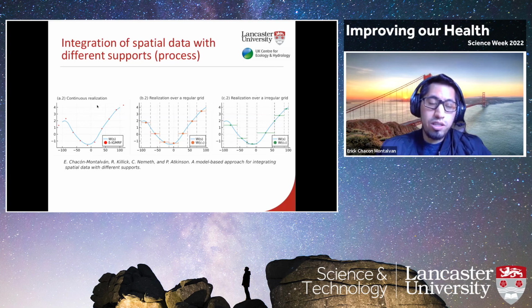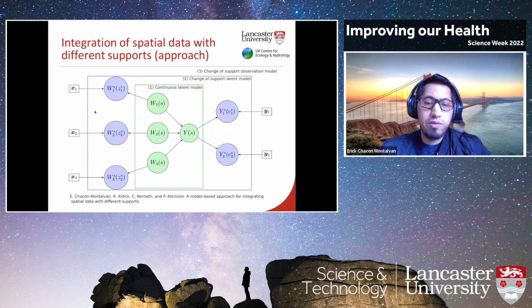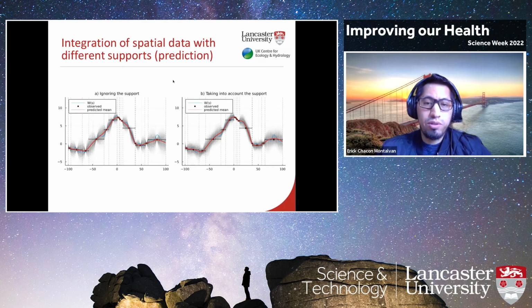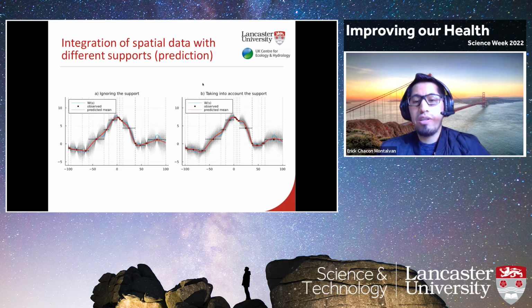So in theory, this works, and because we use this representation, we can use the approach that we defined before. So let's see an example. In the following example, I'm showing two cases. On the left, we have the classical approach where you ignore the support of the spatial data. And on the right, you have the case where you take into account the support of the data.